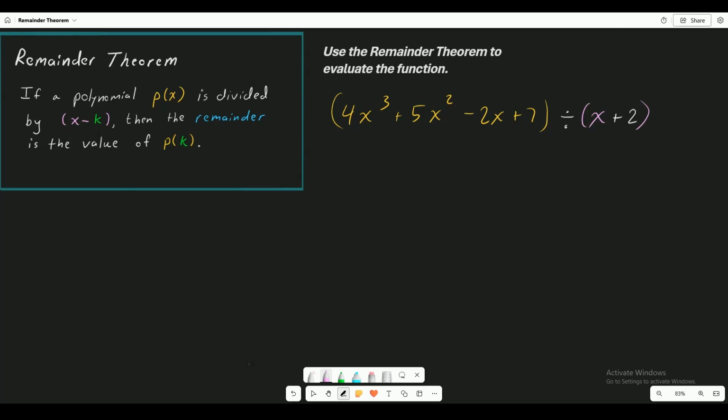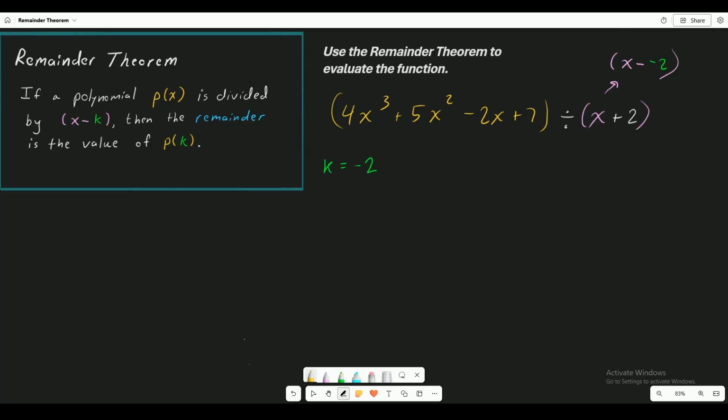Let's rewrite this because it's not correct. x minus negative 2. Just like that. Remember, it has to be in the form of x minus k. So in this case, k is equal to negative 2. Awesome. All right, let's apply the remainder theorem to see if x plus 2 is a factor.